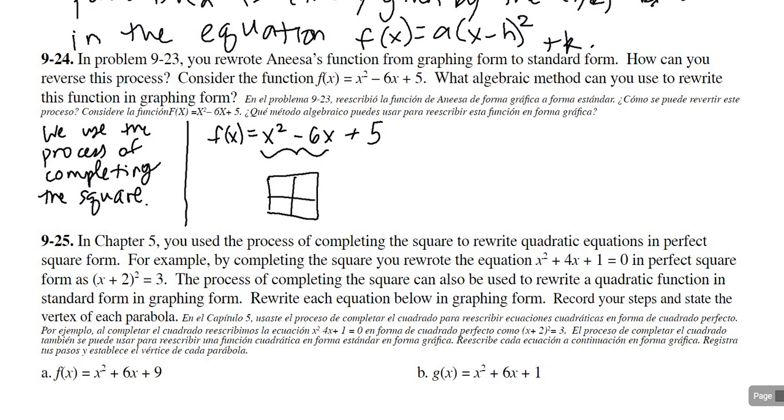So I have x squared minus 3x, I'm breaking that 6 up completely, minus 3x, x minus 3, x minus 3. And this missing piece, the piece that I am adding to the equation, is 9.